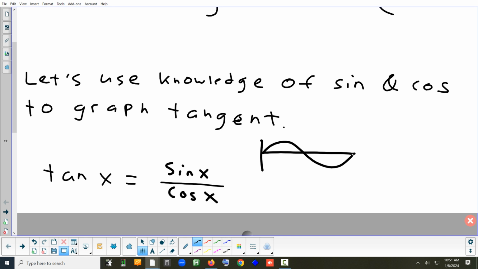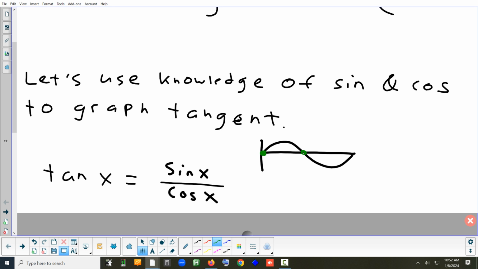It includes 0, but not 2 pi, so it really crosses twice. It crosses here and here. And the next time it crosses, that's really the start of the next cycle. So it crosses twice per cycle.